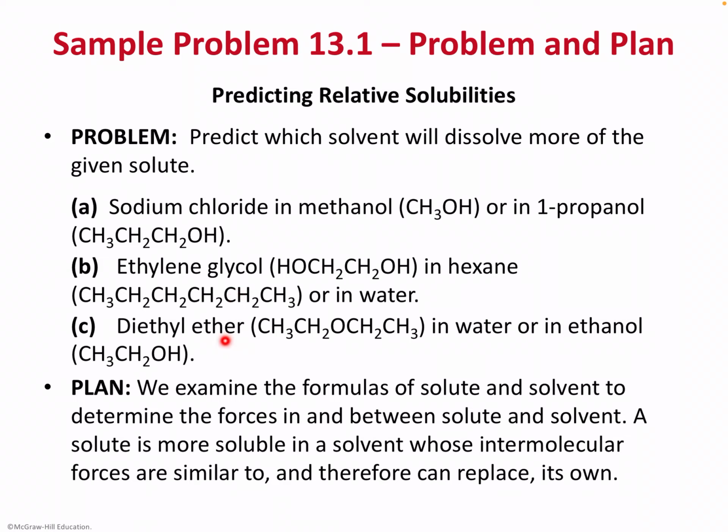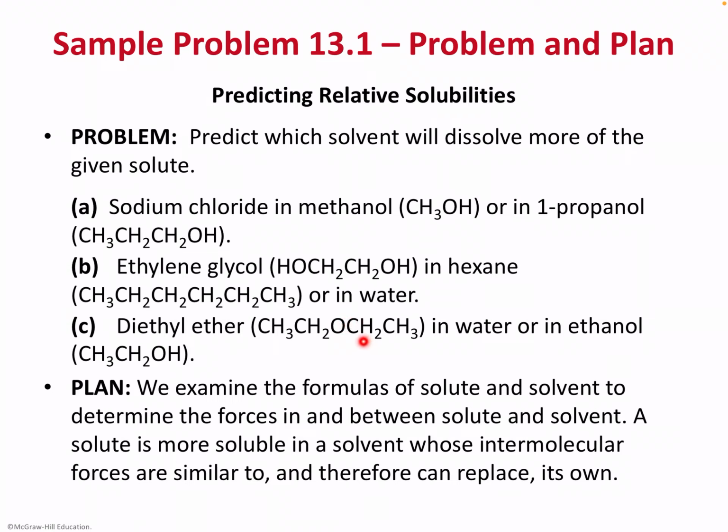The last one, diethyl ether. This is diethyl ether in water or in ethanol. In diethyl ether there is an oxygen, but there are no hydrogen bonds because this oxygen is connected to 2 carbons. Since there is an oxygen, it has a dipole, but that dipole is simple, and it also has dispersion forces.